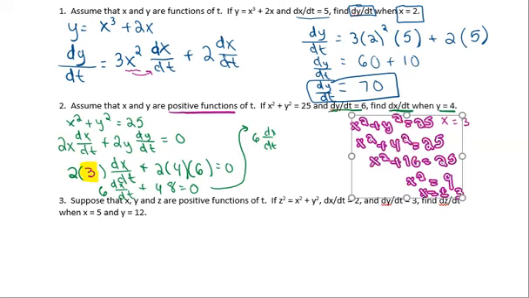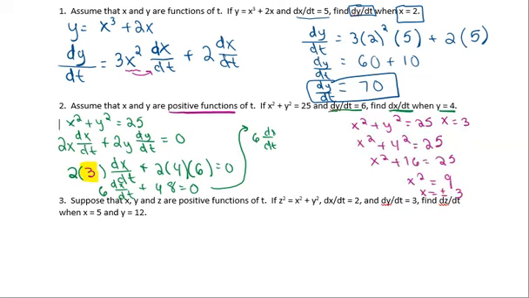There we go. Now we have a little bit more room to write. Move it over, we get negative 48. Divide both sides by 6. Looks like we get negative 8.